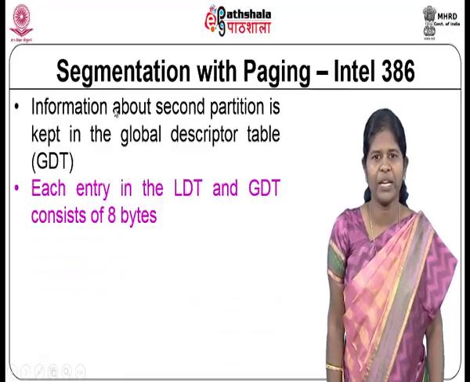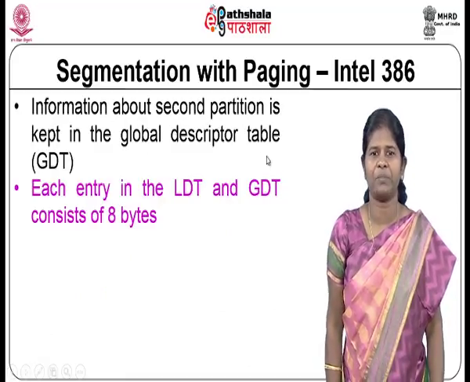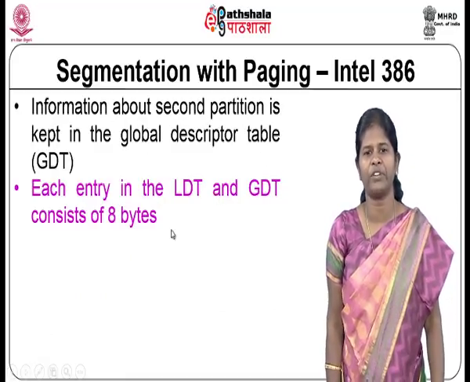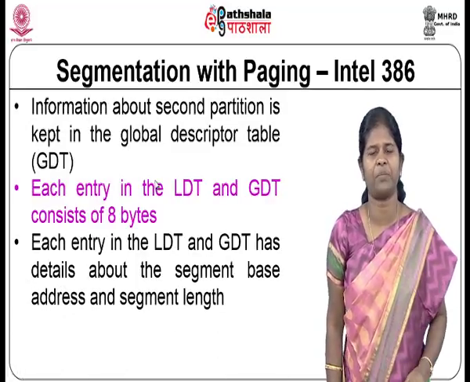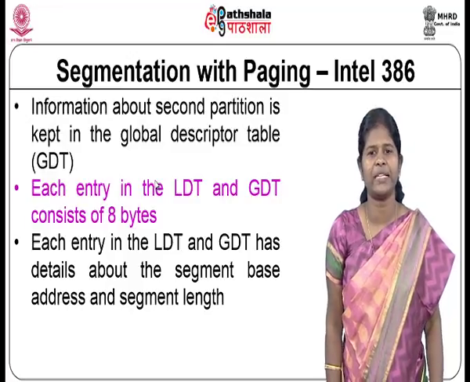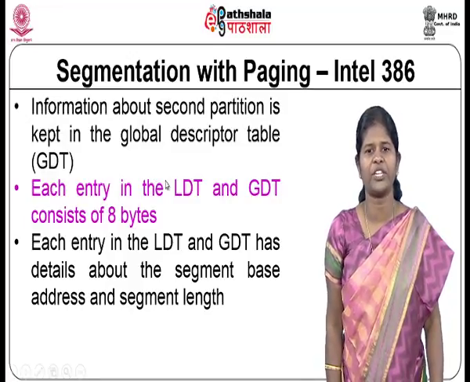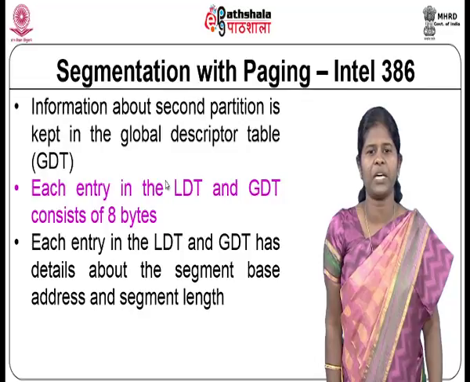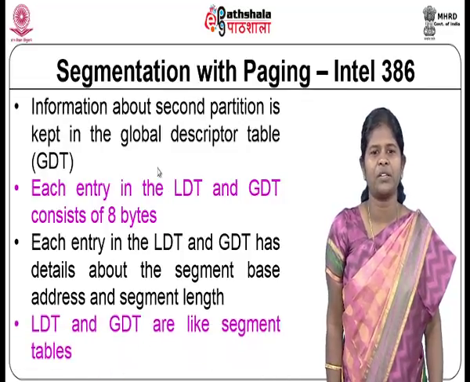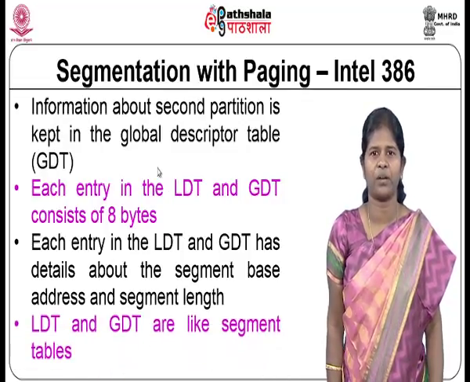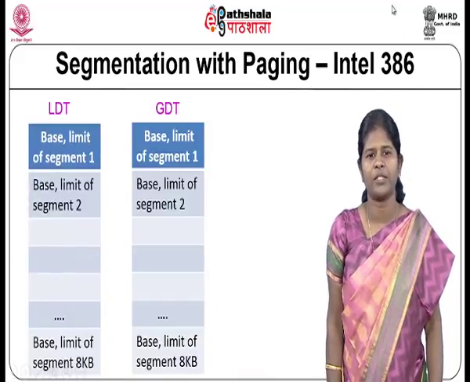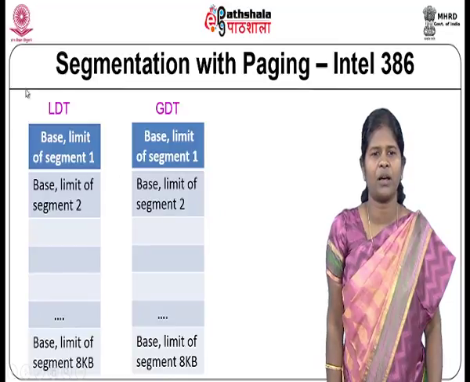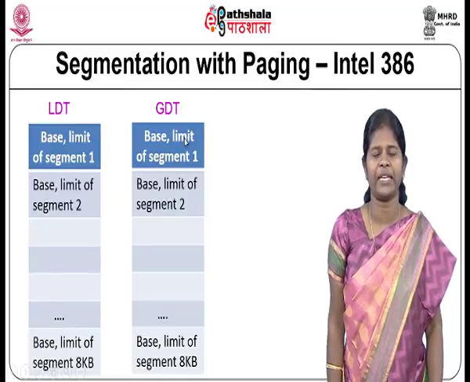Each entry in the local descriptor table and global descriptor table consists of 8 bytes. Similar to how you have information in a segment table, here in the LDT and the GDT you have information about the base address of the segment and the length of the segment. So, the LDT and GDT are very similar to segment tables. I have shown pictorially what you have in LDT and GDT.